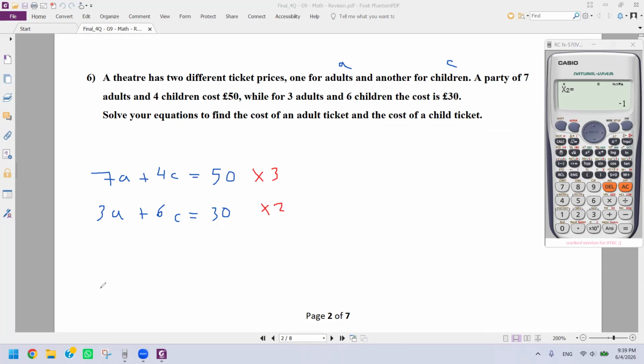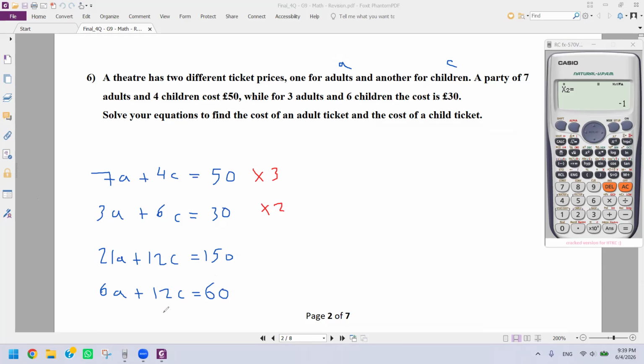Let me multiply them. The first equation by 3: 21a plus 12c equals 150. Second equation times 2: 6a plus 12c equals 60.